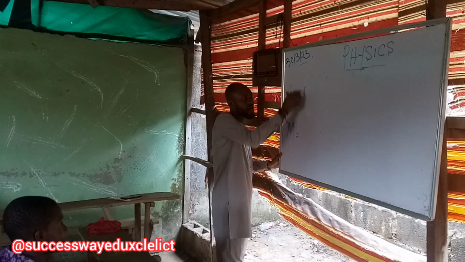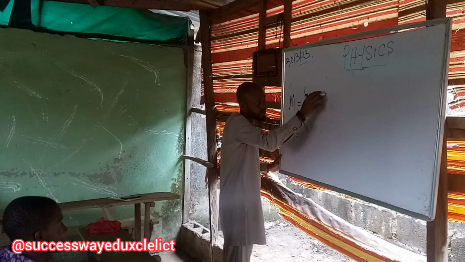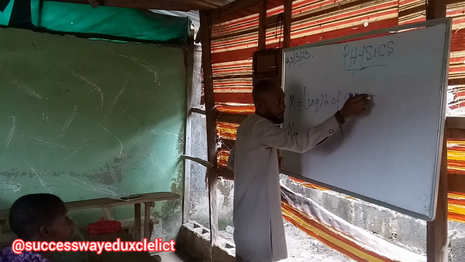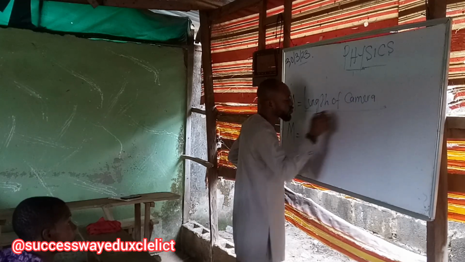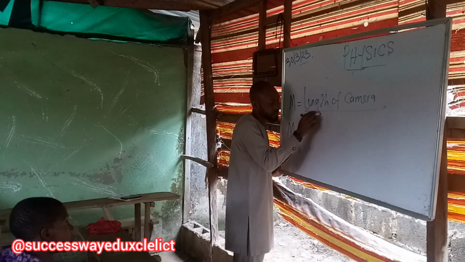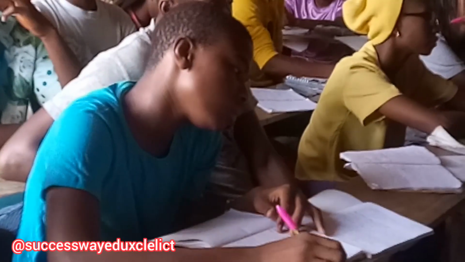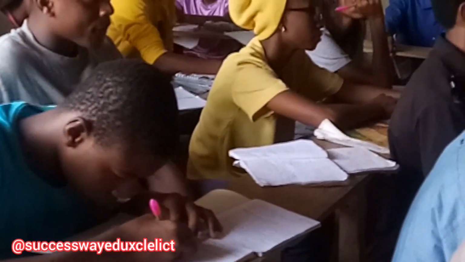The first one, we'll talk about the length of the camera to the distance, that is the ratio of this to this, distance of the object.